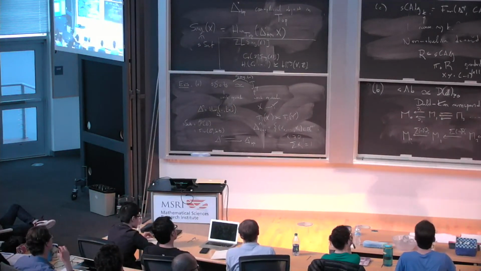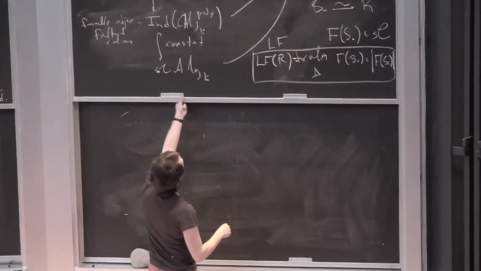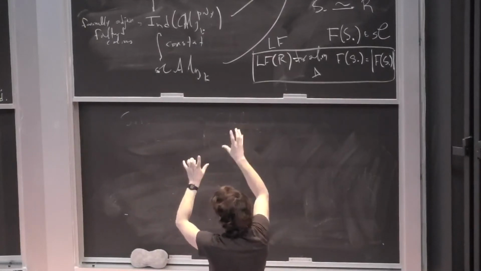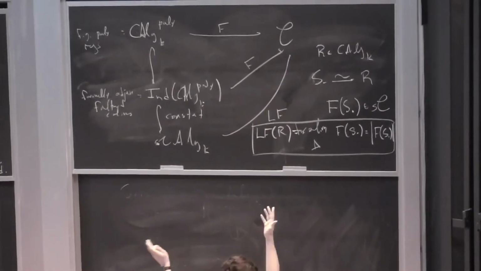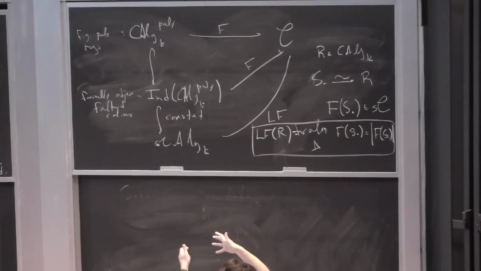Maybe I won't get into it too much more, but the upshot is that giving a functor out of just finitely generated polynomial rings to C is the same, up to some sort of, depending on what colimit preservation you impose, as giving a functor out of simplicial commutative algebras. Okay, so I had better move on.